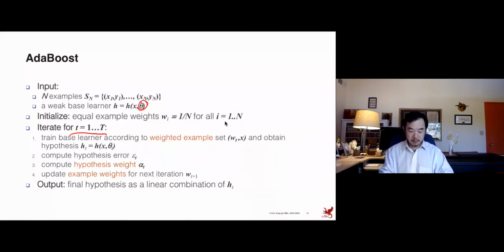But at the end of the day, you are going to learn this hypothesis basically by estimating the theta star, which is the best estimator. It could be a maximum likelihood estimator, or minimizing root mean square errors, and so forth. It's a black box that you can use. And then you are going to compute the total error of this hypothesis t.